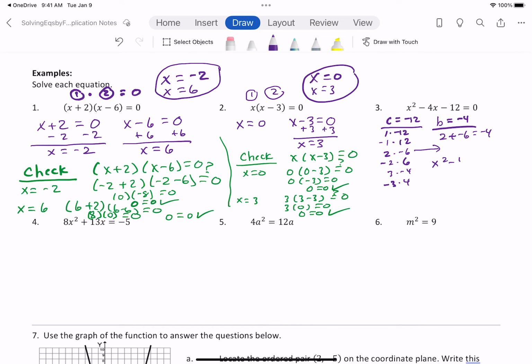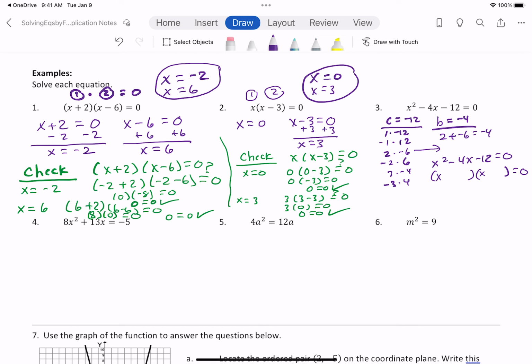So now we can use those factors to factor our trinomial. When a is 1, we know that the only thing that can multiply to x squared is x times x.